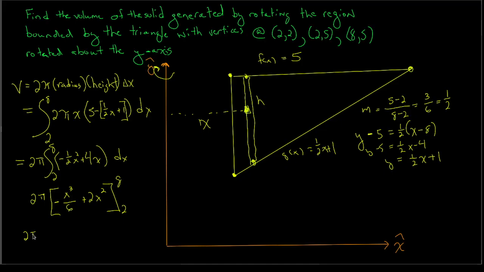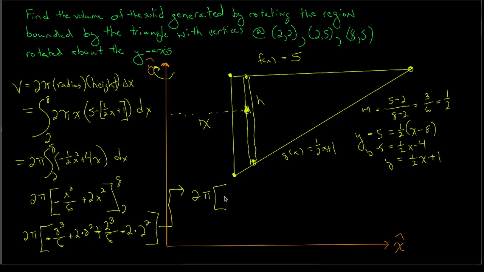So we're going to have 2 pi times minus 8 cubed over 6 plus 2 times 8 squared, minus, a minus is positive, so it'll be 2 cubed over 6, minus, a plus is minus, 2 times 2 squared. I'm going to bring this up here. It's going to have 2 pi.